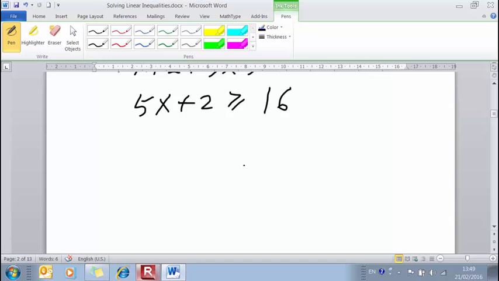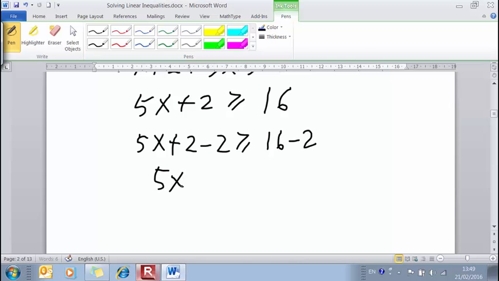Now we will simplify further. First of all, we need to eliminate 2 from the left hand side. And so we will subtract 2 from both sides. And now we have 5x more than or equals to 14.